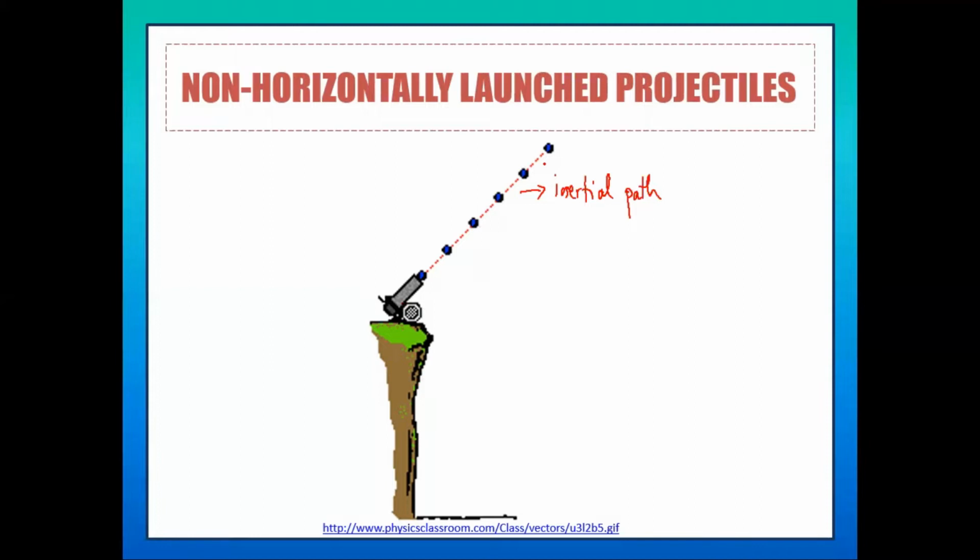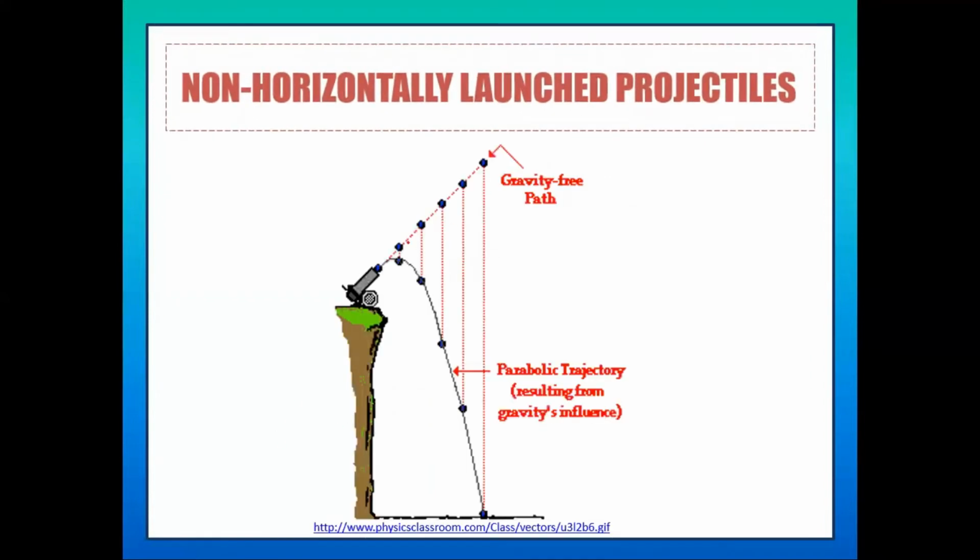Since in reality gravity is present, the cannonball would once more free fall below this straight line, this gravity-free path or inertial path. In fact, the cannonball travels in a parabolic trajectory. This is due to the influence of gravity.